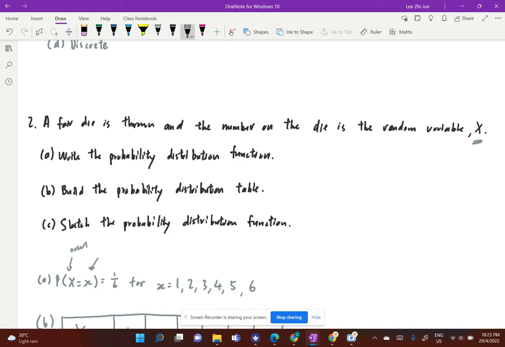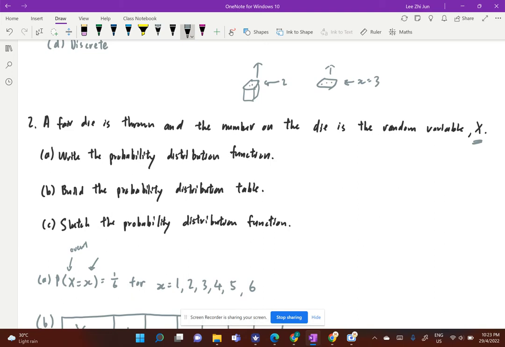A die is a cube. It has 6 faces, so it can be 1, 2, 3, 4, 5, and 6. Based on the number, like if the number two faces upwards, the outcome will be 2. If the number 3 faces upwards, number 3 will be the outcome.